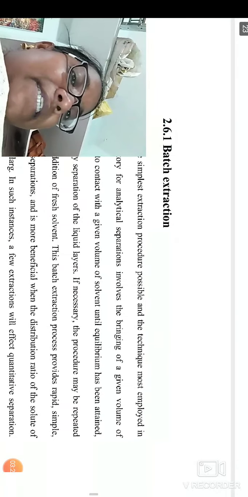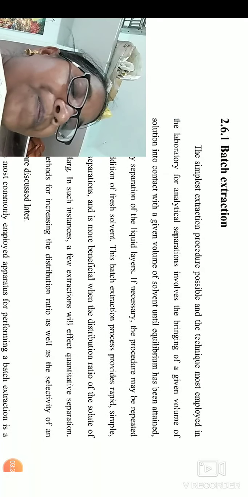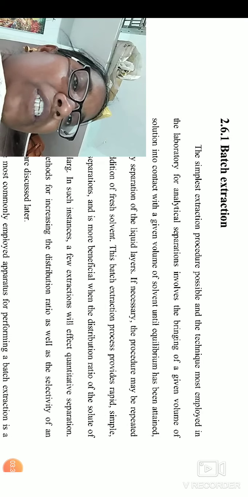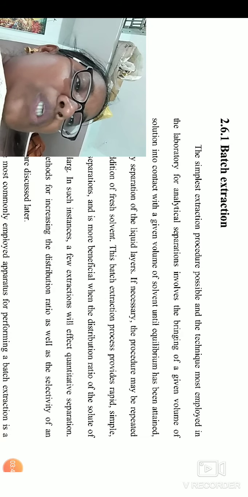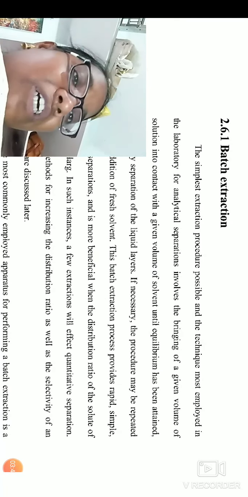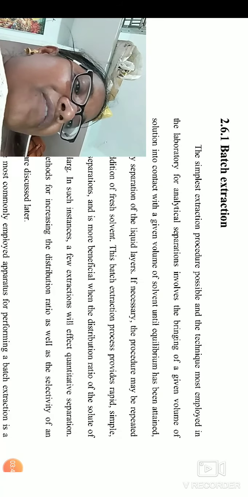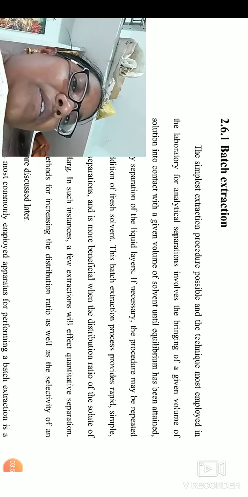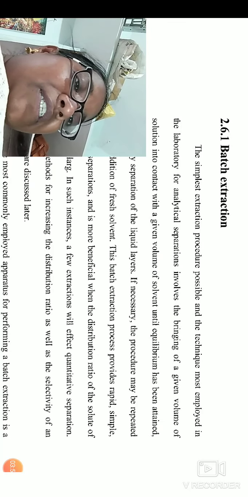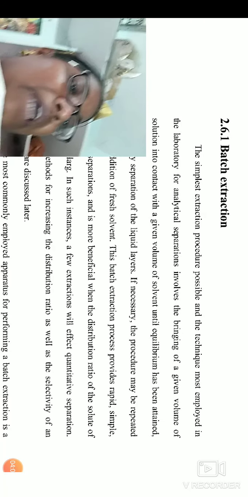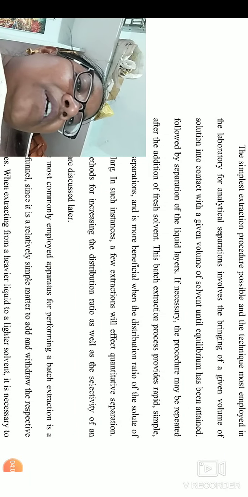These are the methods of extraction. First one is batch extraction. Batch extraction is the simplest extraction procedure possible and the technique most employed in the laboratory for analytical separations. It involves bringing a given volume of solution into contact with a given volume of solvent until equilibrium has been attained, followed by separation of the liquid layers.